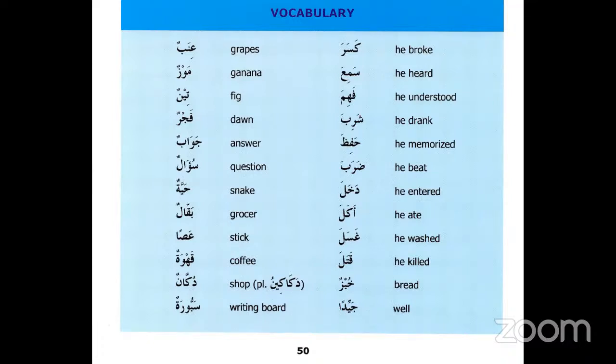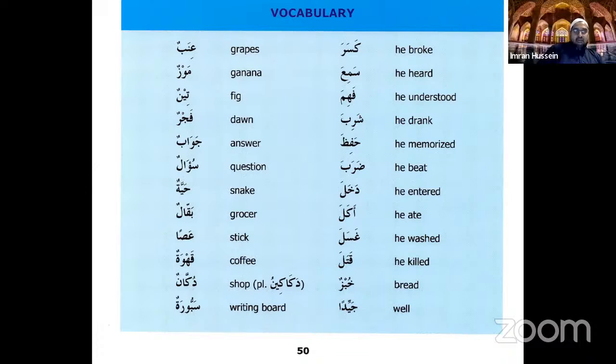And then we come to the verbs: kasara, he broke, sami'a, he heard, fahima, he understood, shariba, he drank, hafiza, he memorized, daraba, he hit, dakhala, he entered, akala, he ate, ghasala, he washed, qatala, he killed, khubzun, bread. Jayyid, well. Thank you.